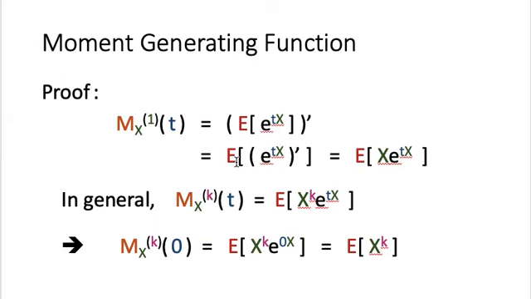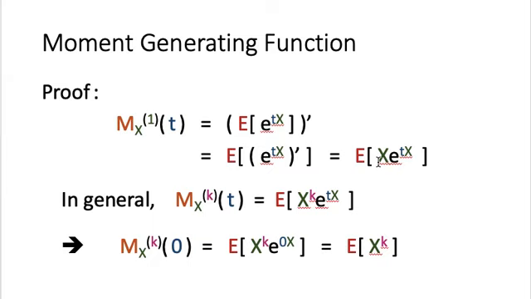Is that okay? Then the middle part, recall that we are doing differentiation with respect to t. t is the variable. So in that case, the big X here will be a constant with respect to t. So when we differentiate e to the power tX, we will get X times e to the power tX.